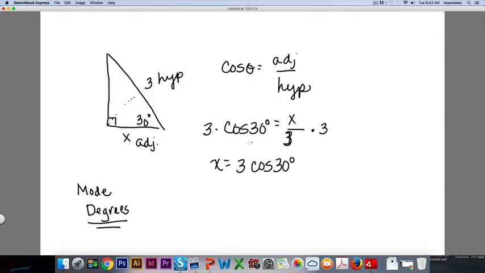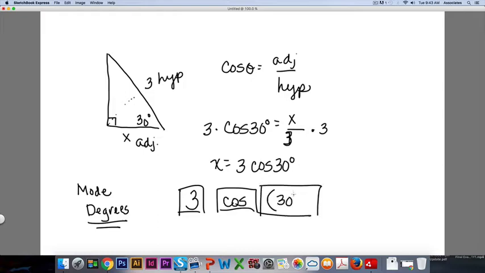Then in your calculator you type in 3, push the cosine button, and normally it'll come up with a parenthesis. You just have to hit 30 and then hit equals. If you did it properly, you should get 2.6. We're going to round off to the nearest tenth in this assignment.